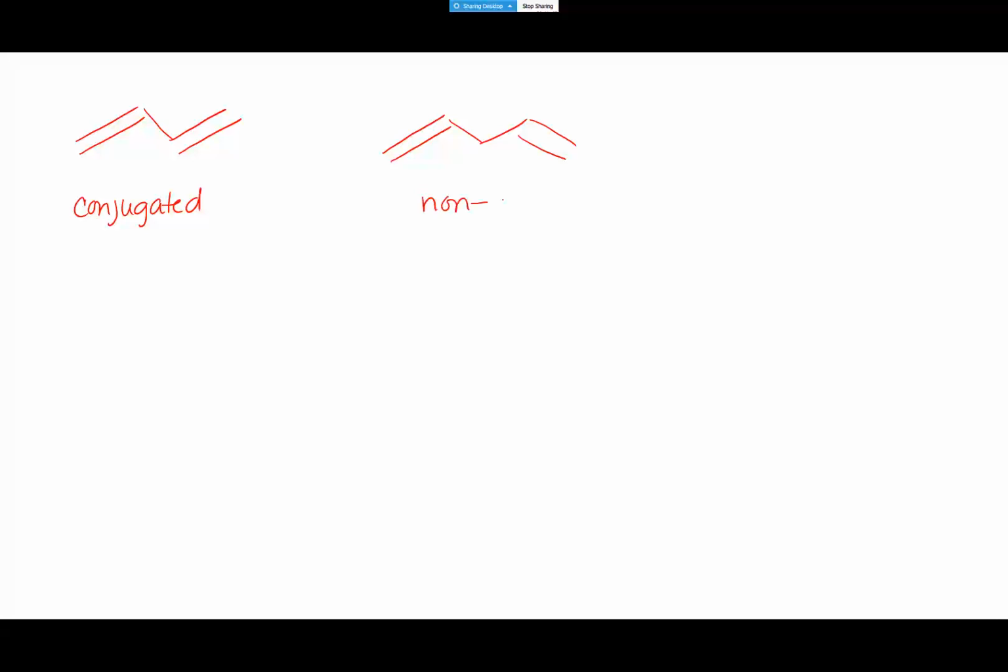A diene just means that you've got two double bonds in the molecule. Actually, there are three types. The third one, we're going to treat the non-conjugated one as if it's independent. But that's right, there's kind of a third one. These are the two we're going to work with. Their terminology is a little bit different.